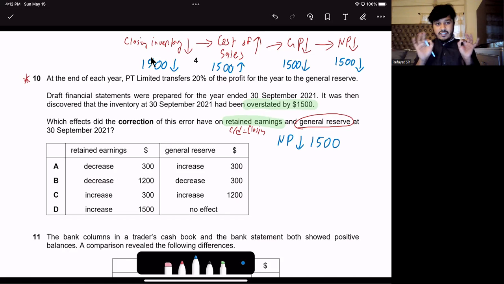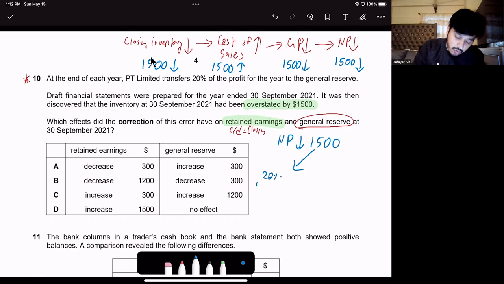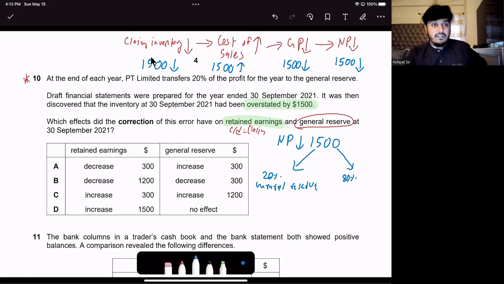That is the first adjustment we have to make. Then from this net profit, 20% is transferred to general reserves, as that's what the question says, and the remaining 80% is left to the business as retained earnings.